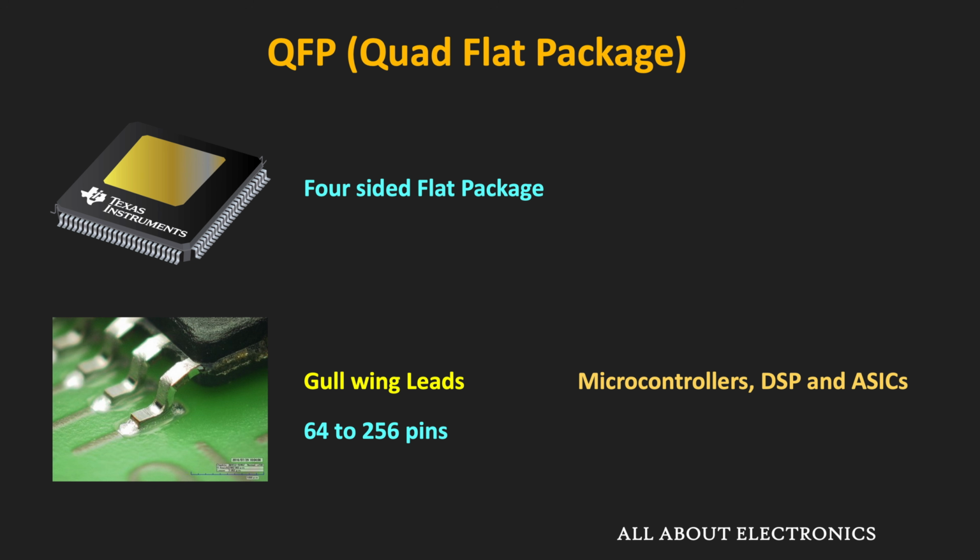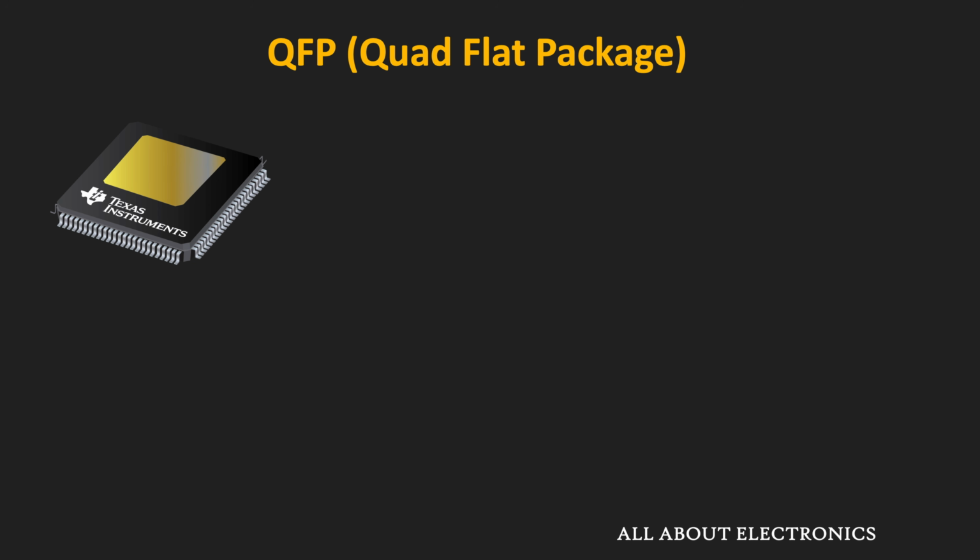Now when there is a space constraint, then in such applications, the thinner version of this package is also used. This version is known as the TQFP, that is the thin QFP package. This version has a lesser height compared to the standard version. Similar to the SOIC package, as this package is also using gullwing kind of leads, due to the relatively higher lead lengths, the lead inductance is also higher.